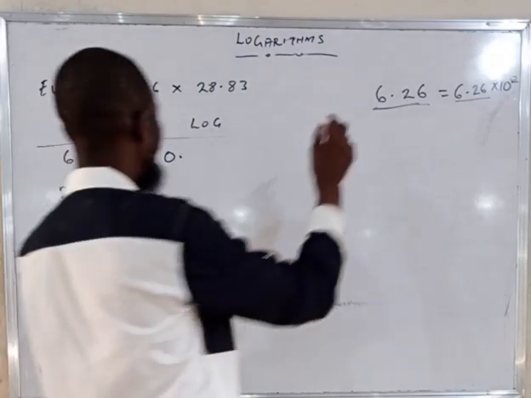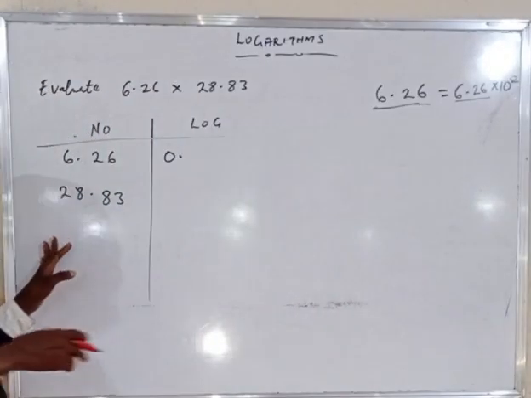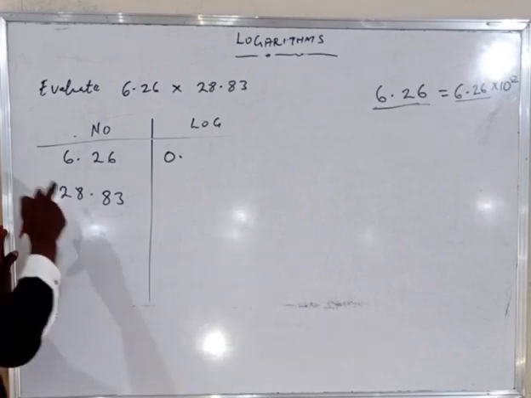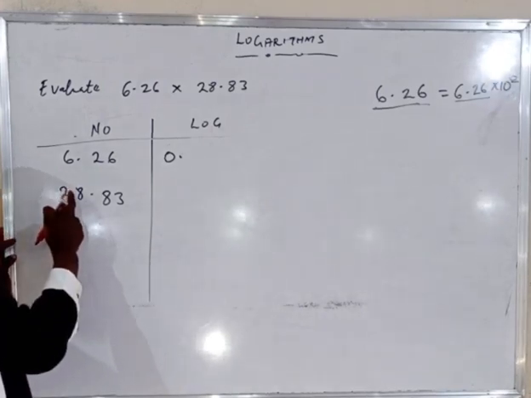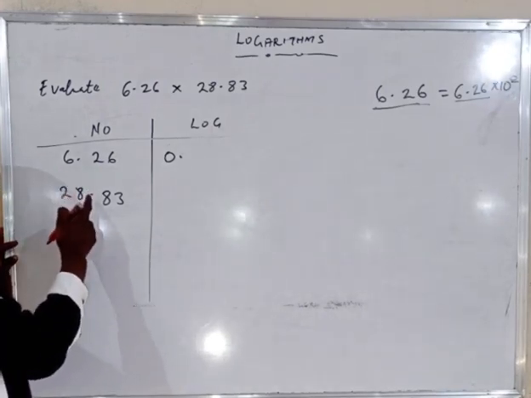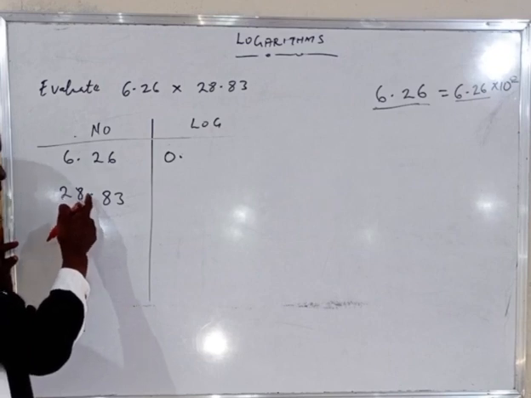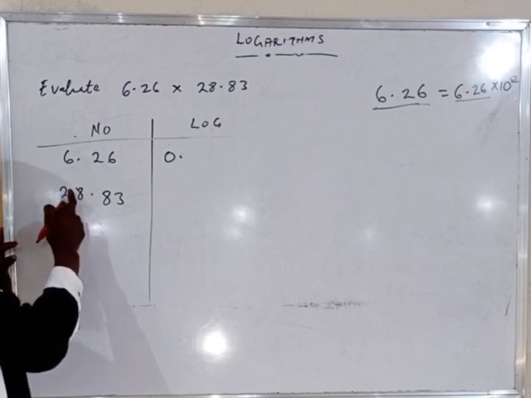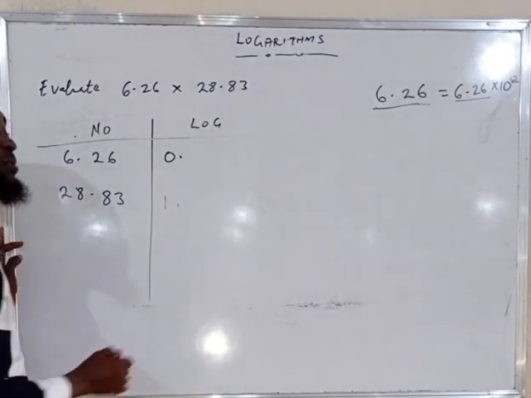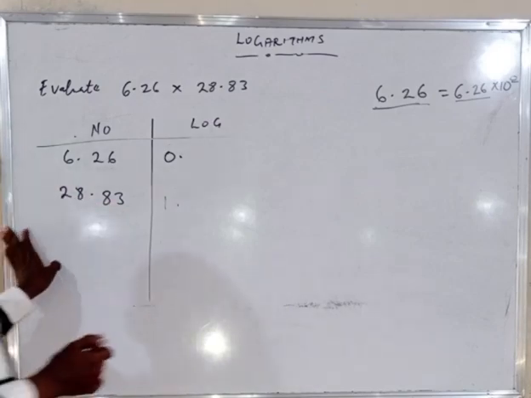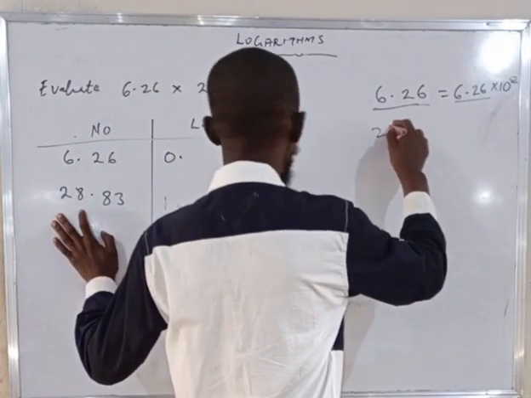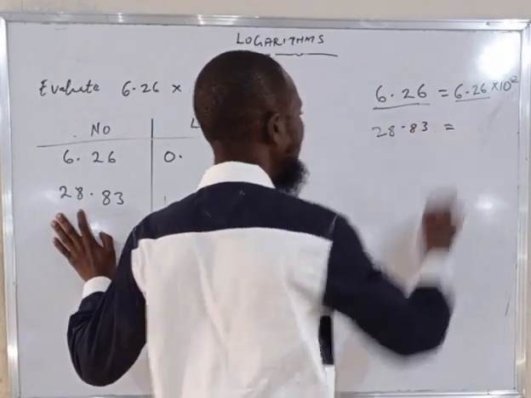Now, let's see the next number. Normally, if you don't want to waste your time, I want the decimal point to be here. And where is it? It is here. How many places will it move from here to here? 1 place. So you just say 1 point. If you love going by standard form, write 28.83.